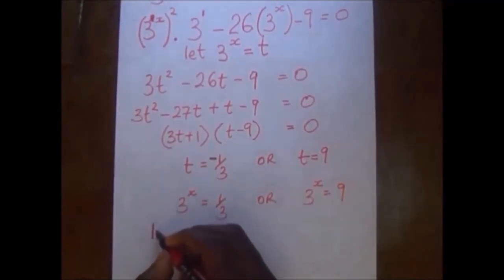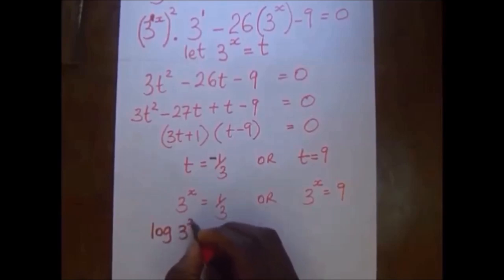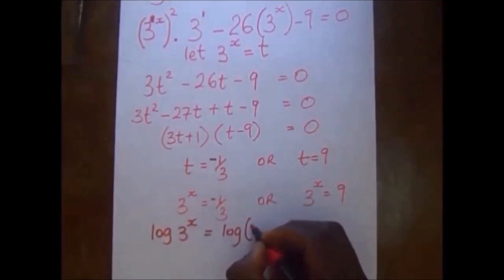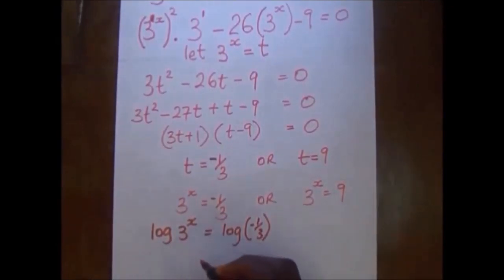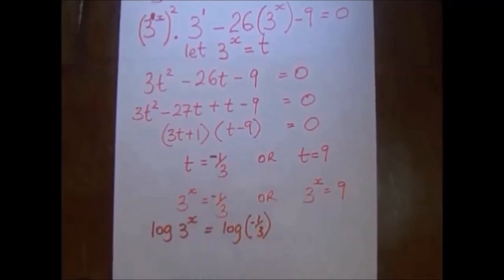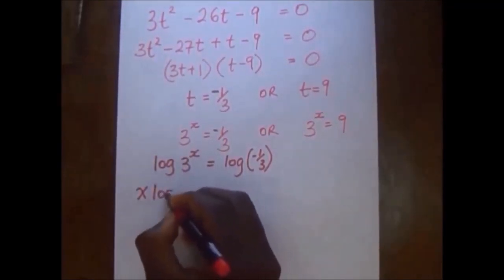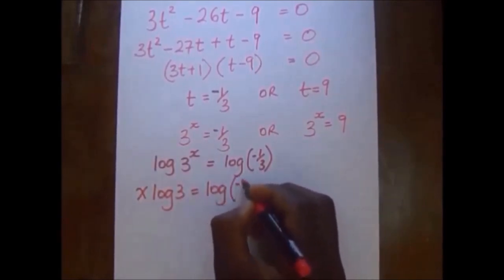So introducing log on both sides, we have log of 3 to the power x being equal to log of negative a third. That is going to become x times the log of 3 giving us log of negative a third.